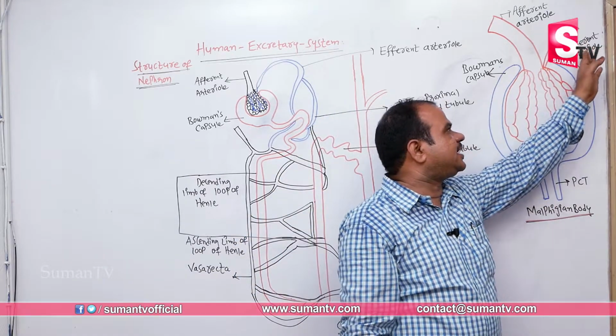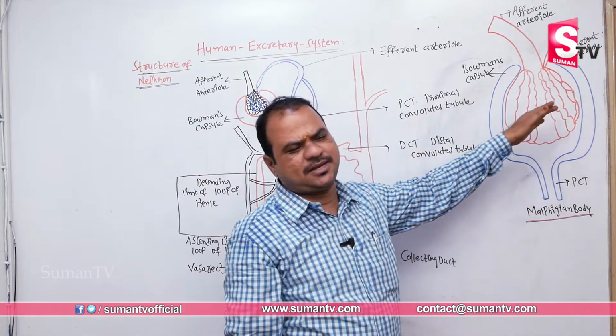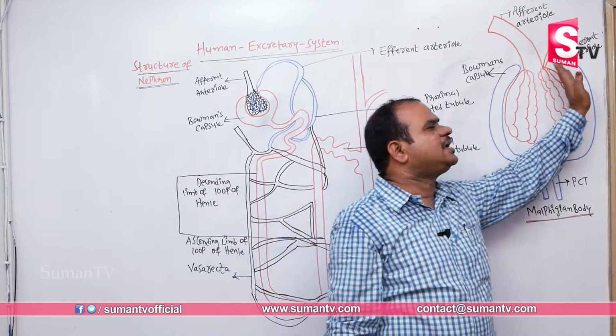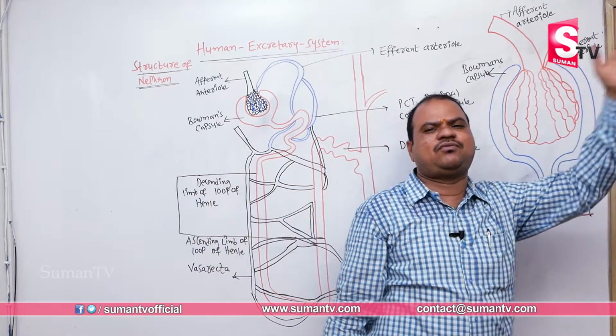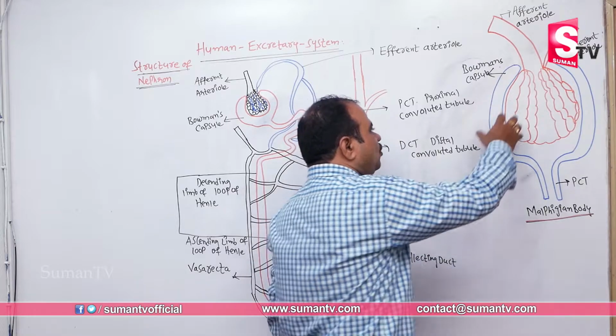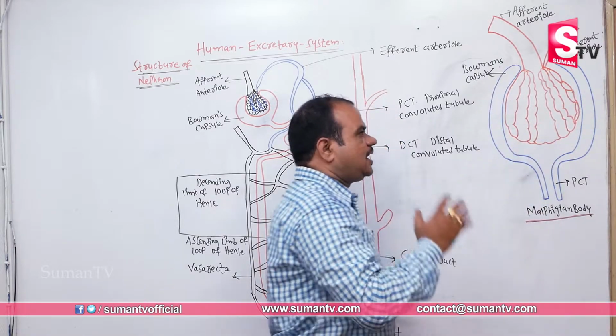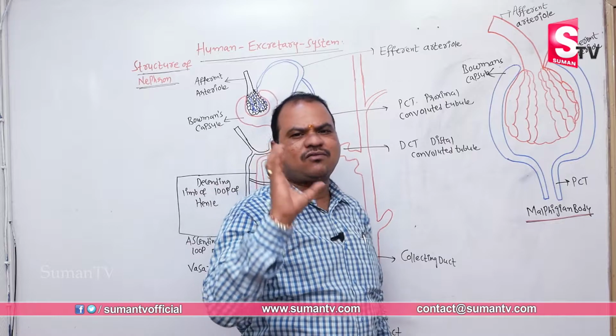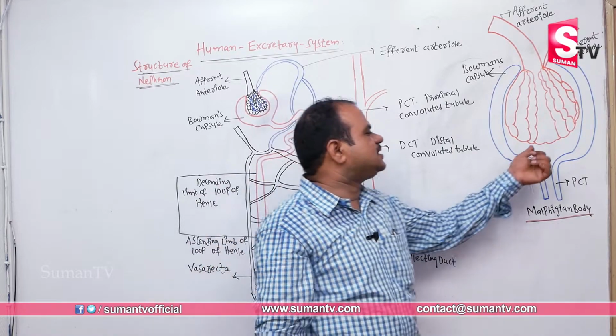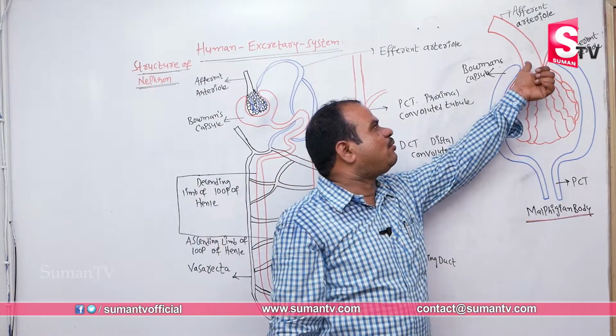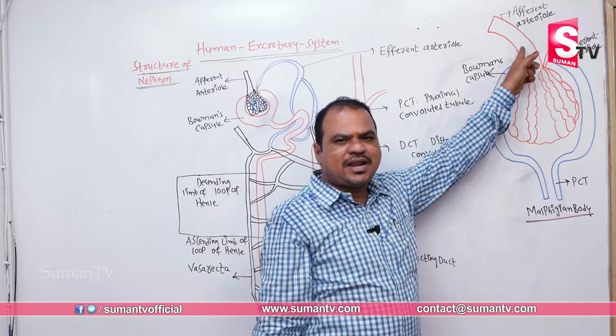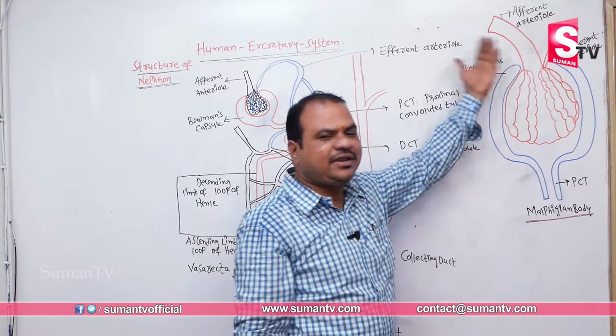The efferent arteriole collects the blood after purification, after filtration, from the kidney, and leads it away. So a double-layered, bowl- or cup-shaped structure is the Bowman's capsule. Inside the Bowman's capsule, the afferent arteriole is divided.